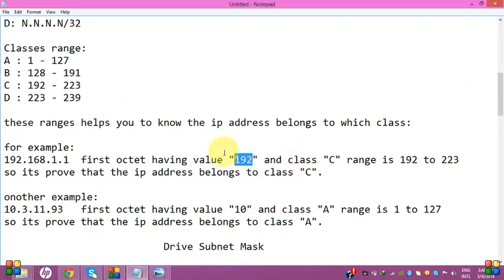We know that 192 lies in the class C range, which is 192 to 223, so it proves that the IP address belongs to class C. Okay, another example: 10.3.11.93. We see that 10 belongs to the class A range, so I write A there.